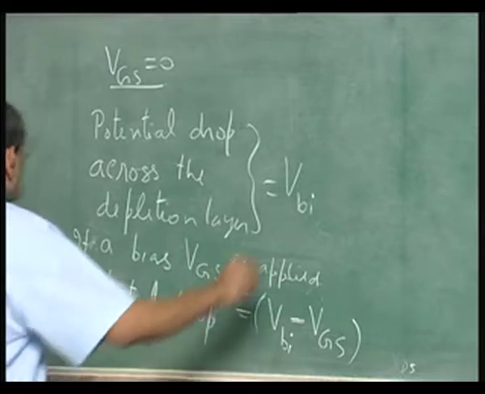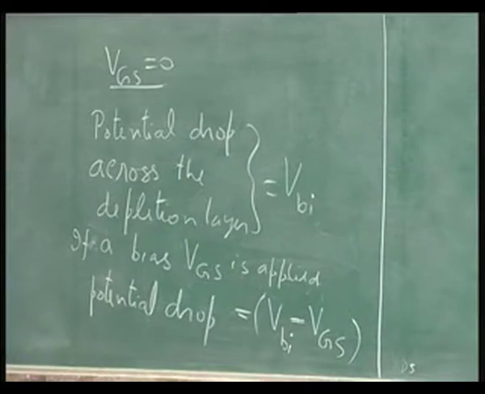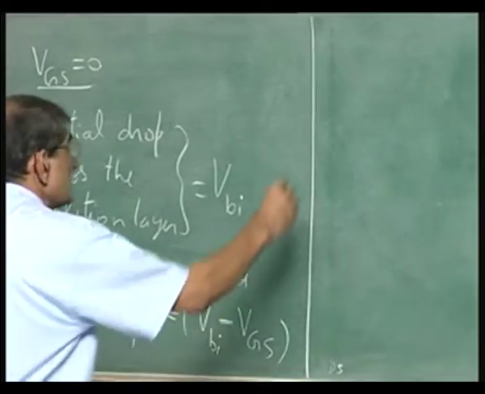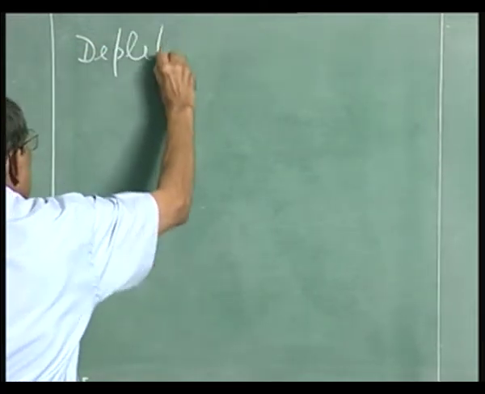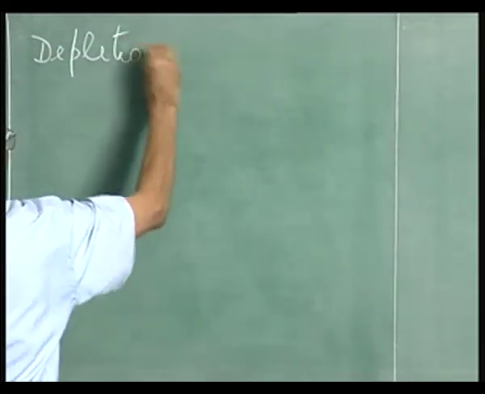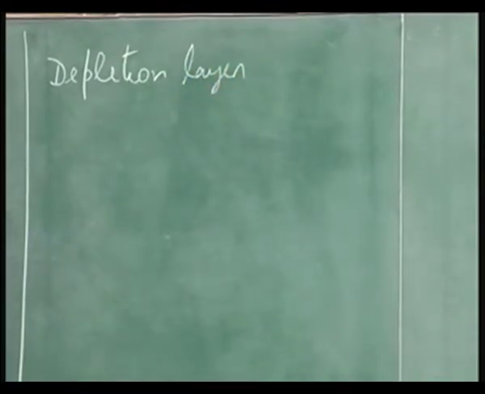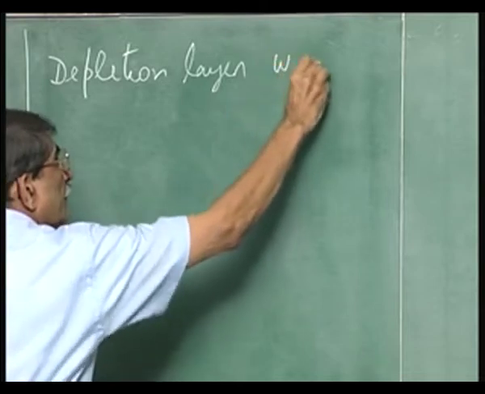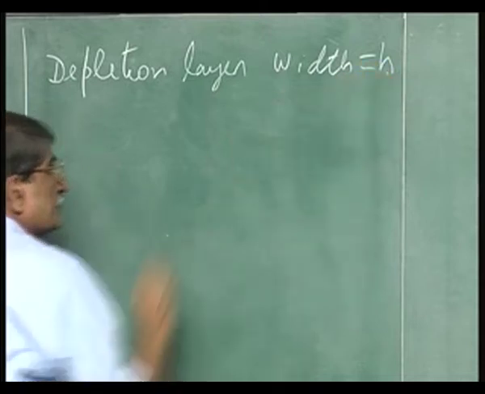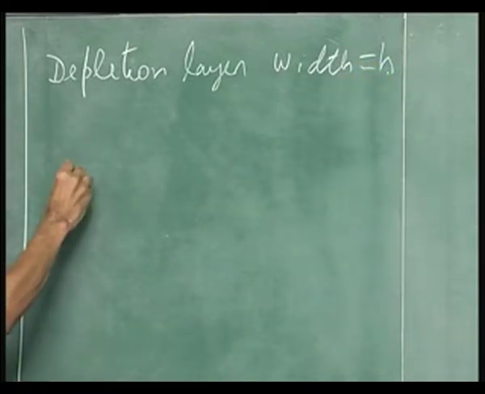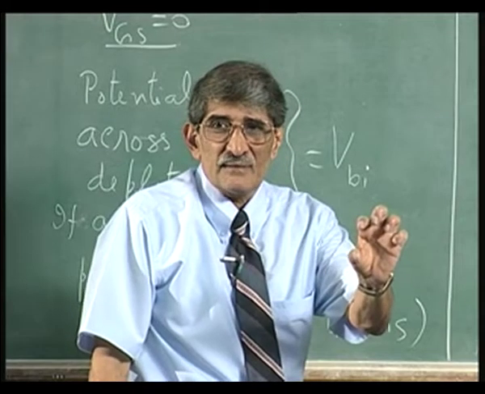Now, let us take a look at the term. Okay. I will go back to this now. Depletion layer width is H. That is related to how much is the potential across the depletion layer.